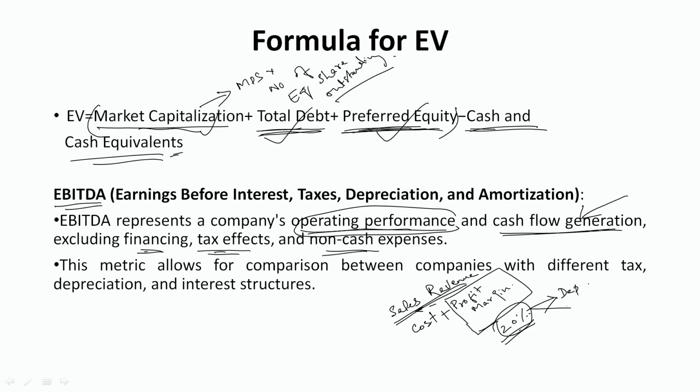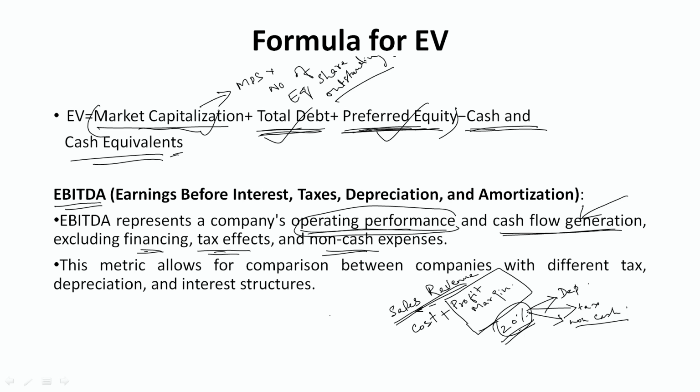How much is going to be affected because of the tax portion? How much is going to be affected because of the non-cash expenses, etc.? It could be in terms of wastages and other things. So most of the things are shown over here.